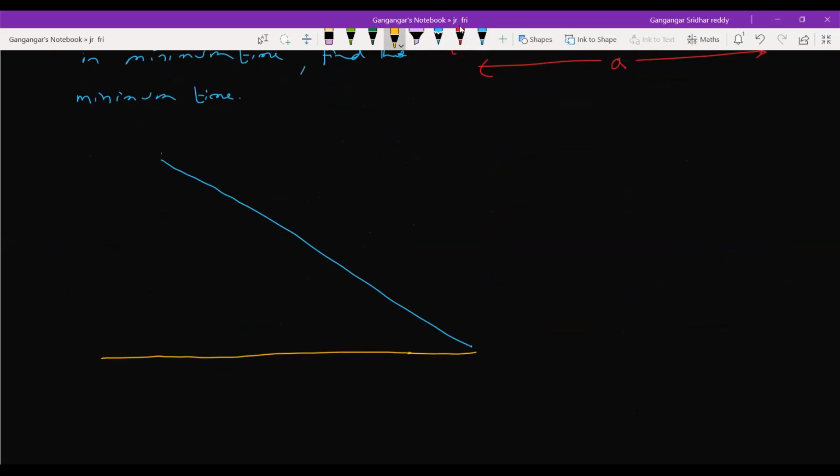The same diagram, let me continue here. I'm projecting from here. Let me take the point of projection as origin. Here I'm going to project with a speed u.